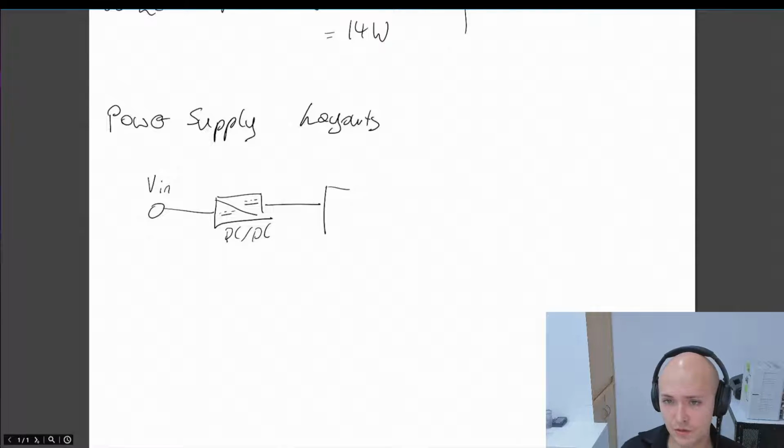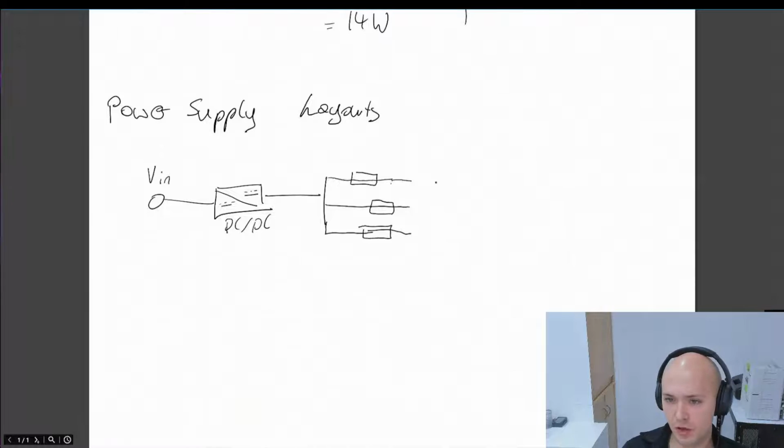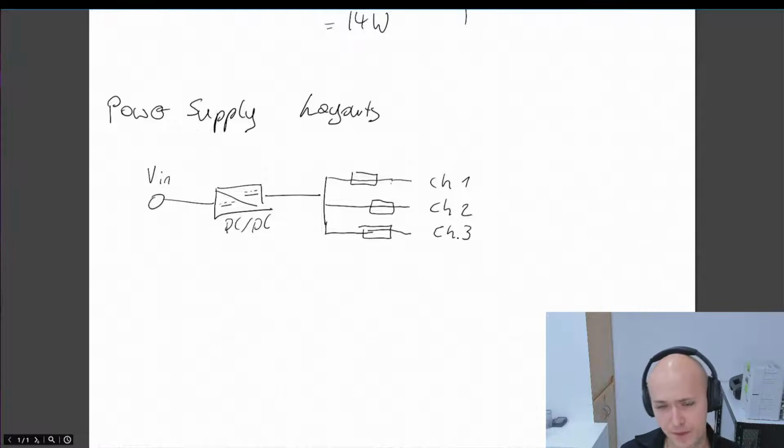So you want to fuse each of our 3-channel LED strips separately. Yes, that looks very good. To our 3 channels. So we have here channel 1, channel 2, and channel 3.